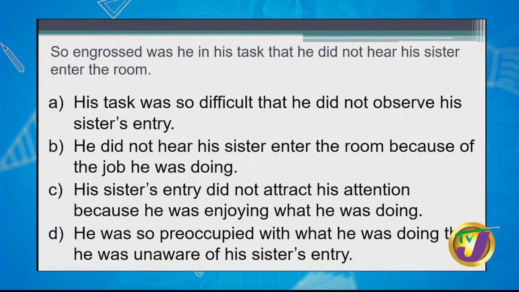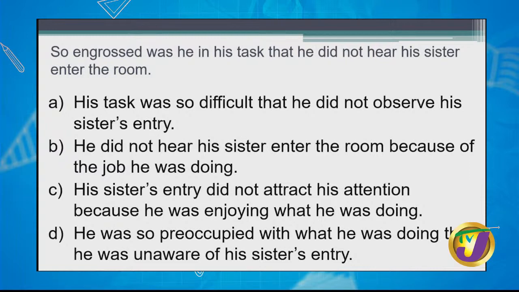Now let's look at this one. So engrossed was he in his task that he did not hear his sister enter the room. Our options are, his task was so difficult that he did not observe his sister's entry. All right. B says, he did not hear his sister enter the room because of the job he was doing.